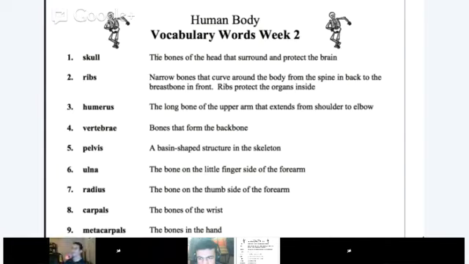That's a fatal injury because your brain is squished and all the blood flows out and you have brain damage and you die. So the skull is one of the most important bones in our body because it protects the brain.